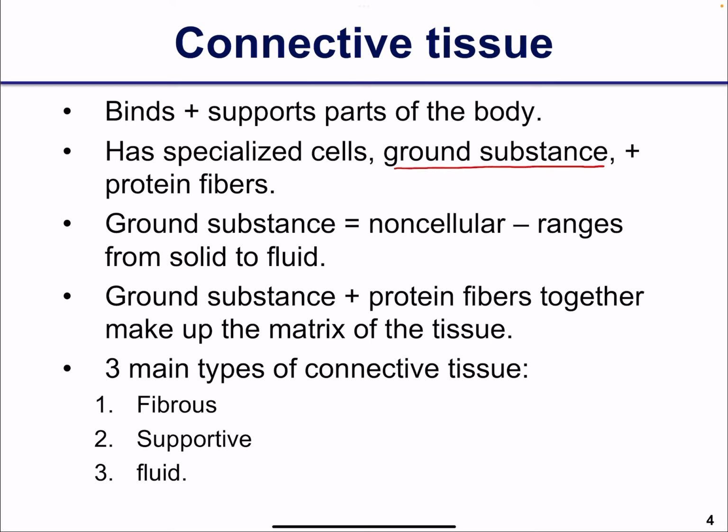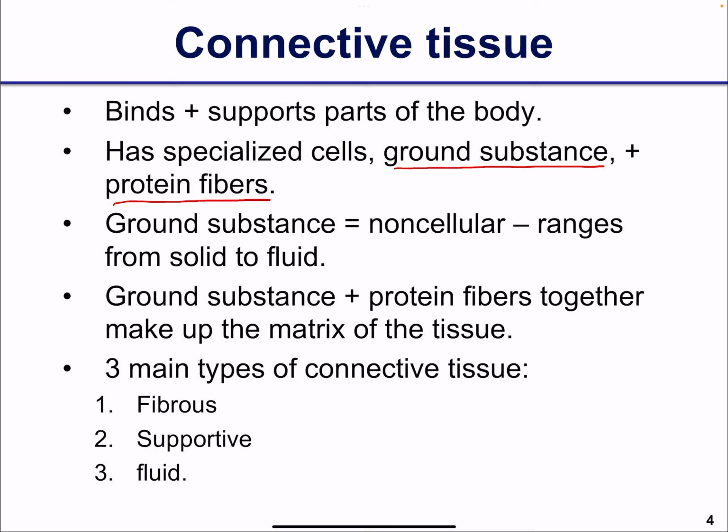That ground substance is going to be the extracellular matrix in which cells are going to be found. In addition to that ground substance, we are going to have protein fibers. These protein fibers are going to determine tremendously the consistency of the connective tissue.